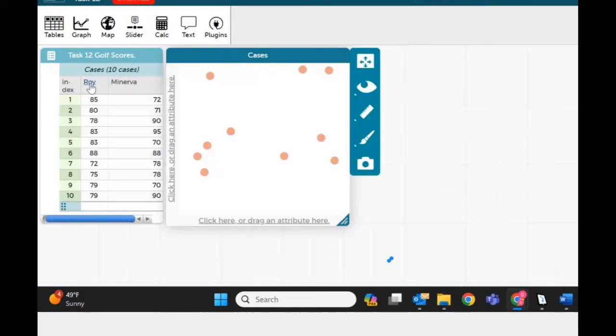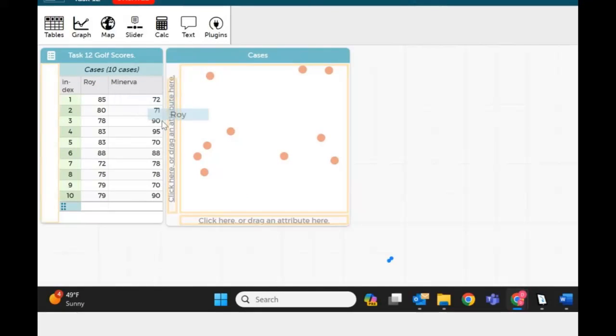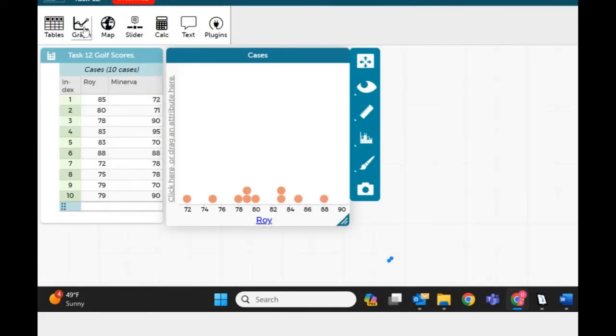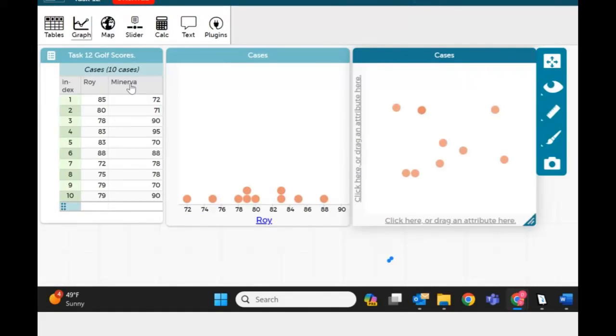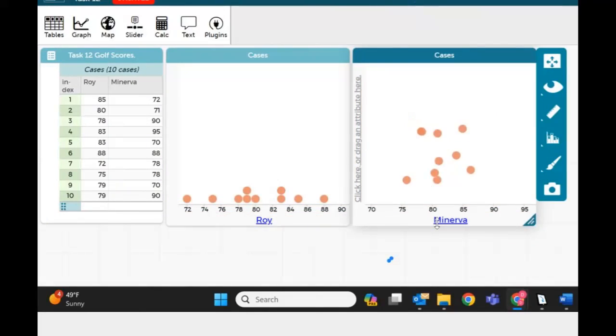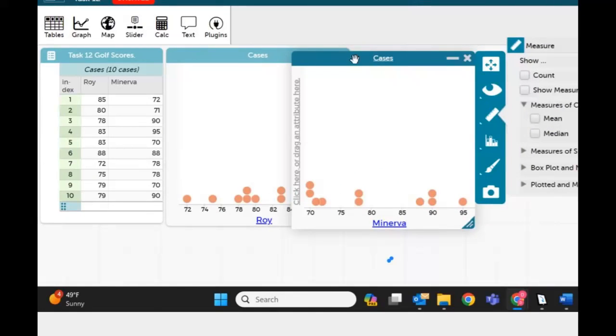What we did is we dragged the attribute of Roy down to the x-axis. I made a new graph for Minerva when I found her scores and dragged that down. Then on the right-hand side, click on the ruler.